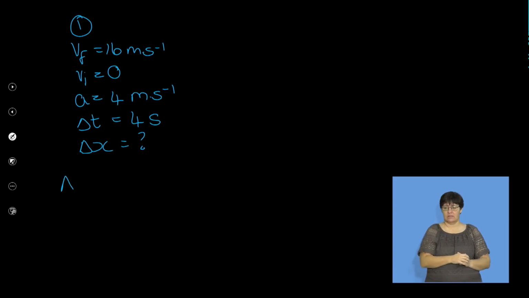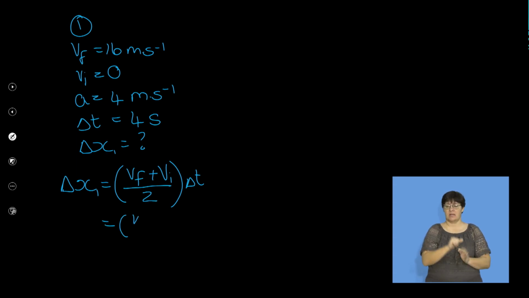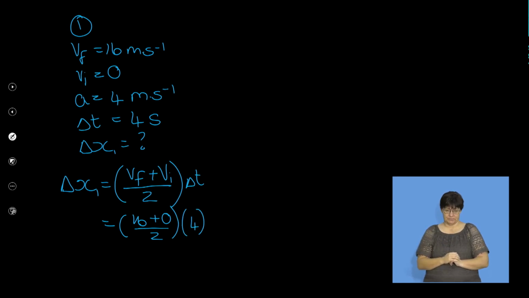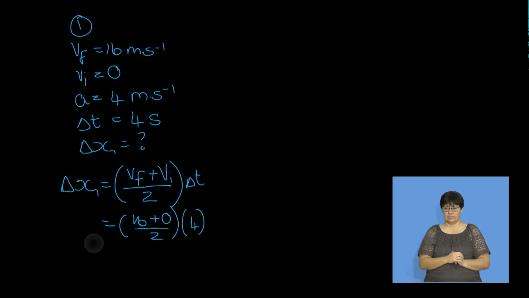So what I would do is use this equation, delta x equals Vf plus Vi divided by 2 times delta t. And we're using x1 here. So 16 plus 0 divided by 2 times 4. Okay? So let's do it on the calculator. 16 plus 0 is 16, divided by 2, times 4, and we get 32.